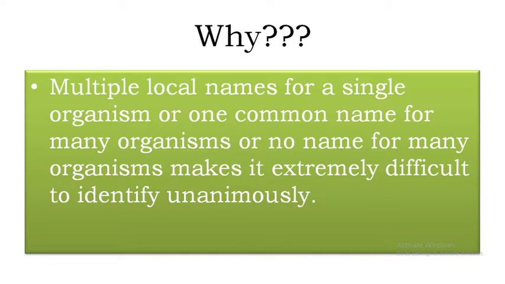There are multiple local names for a single organism, or one common name for many organisms, or some organisms may not have a name itself, or a single name may denote many organisms.